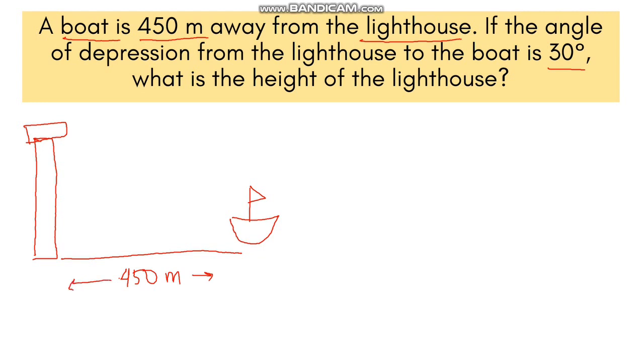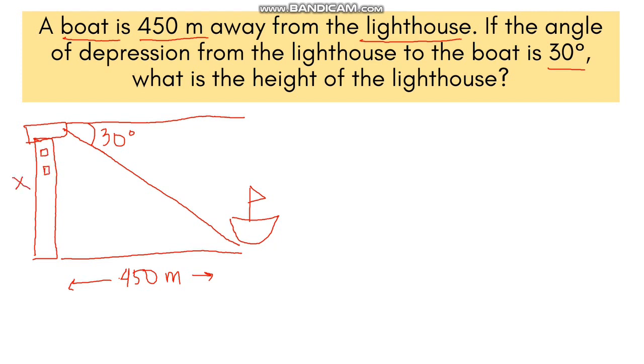We also know that the angle of depression from the lighthouse, so let's draw a horizontal line here again, to the boat. So let's write the angle going down to the boat is 30 degrees. Okay. Now the question is, what is the height of the lighthouse? So let's write here x.